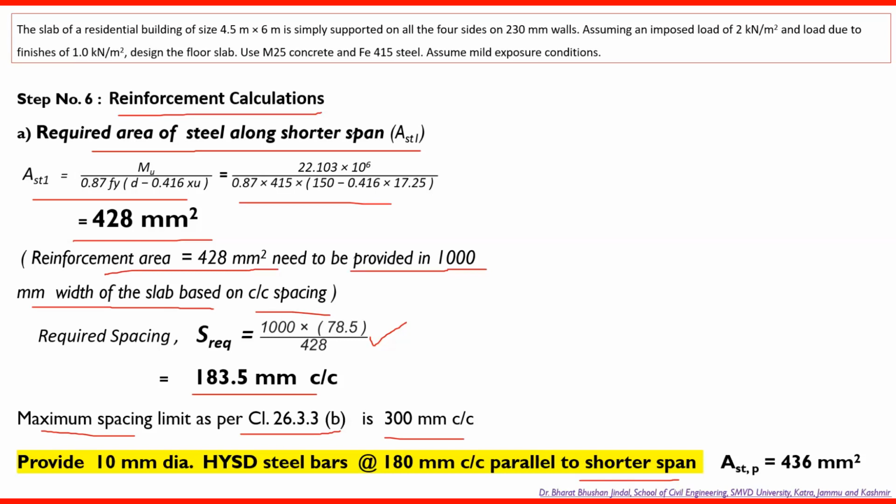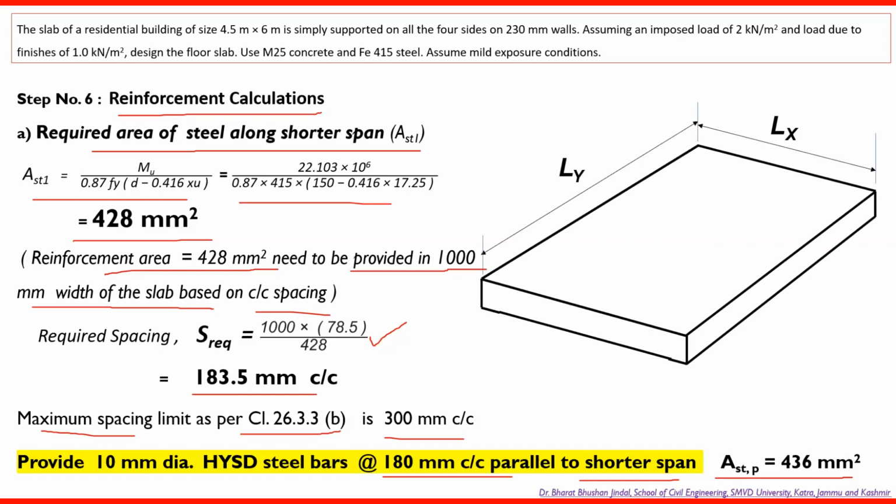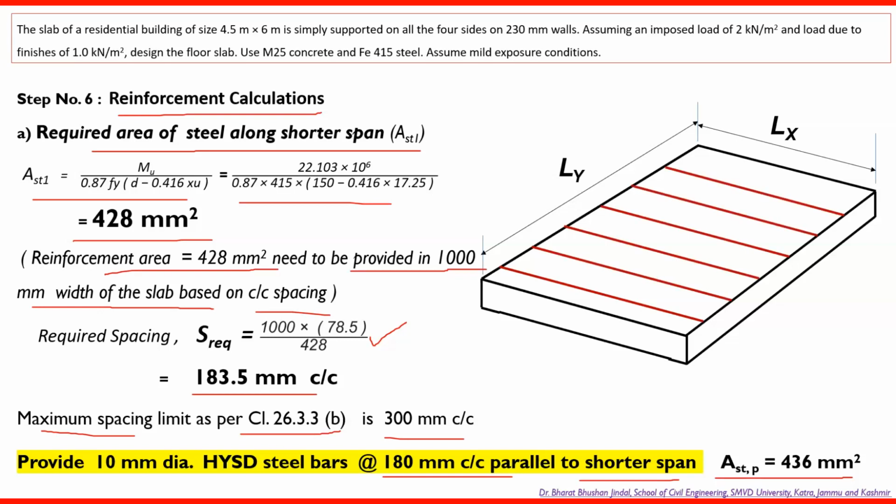When we provide 180 millimeter center to center spacing, after doing the reverse calculation, we get the area of steel provided. That comes out to be 436 millimeter square. This is the way we have to provide the steel parallel to the shorter span.